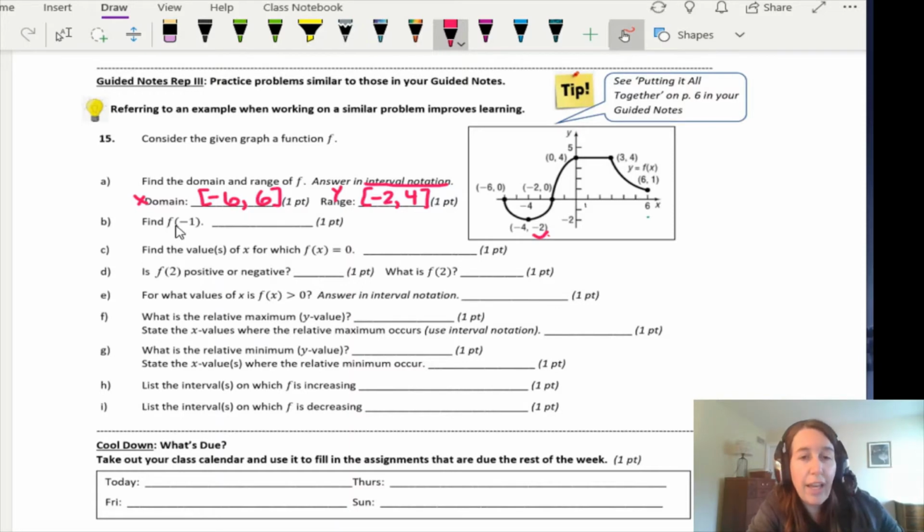It says find f of -1. And I had some people ask me questions like, does that mean x is -1 or y is -1? Remember that the notation is called f of x, so the -1 replaced the x. So this is saying, when x is -1, what is the y value?